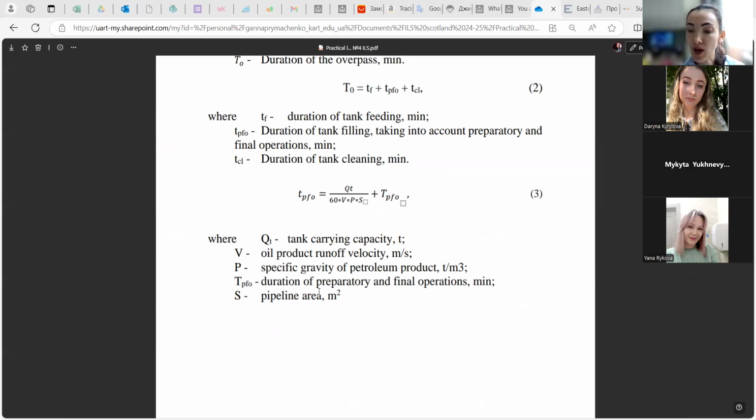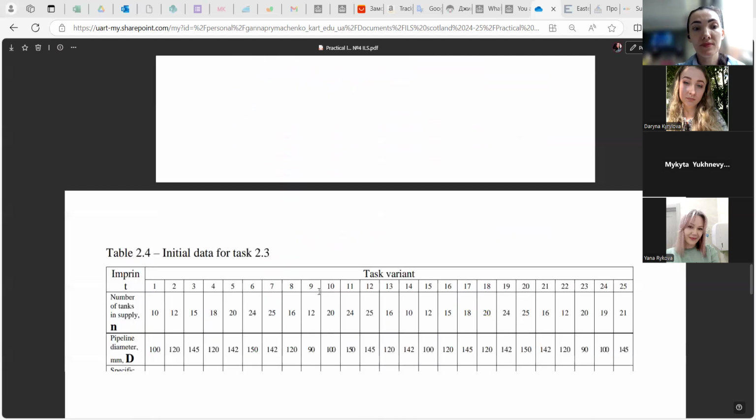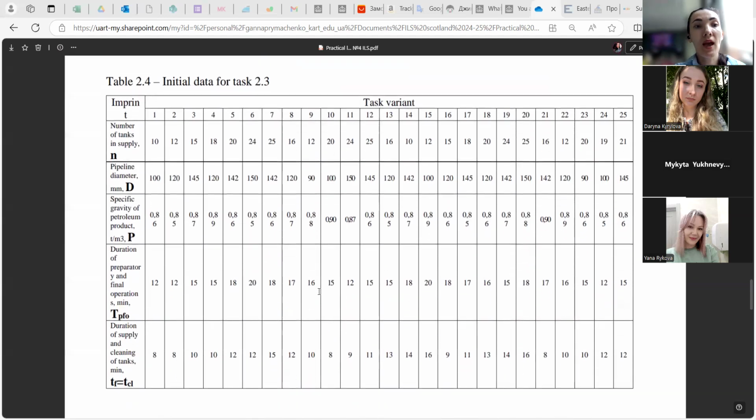So where can we find it? We can find it in our table for our variant. Please do it now. It is the fourth parameter in our table: duration of preparatory and final operations in minutes. Please find it. For example, for the first variant, it is 12 minutes.